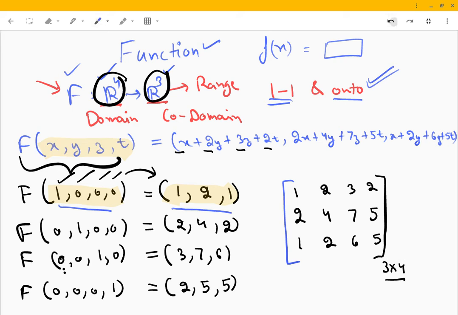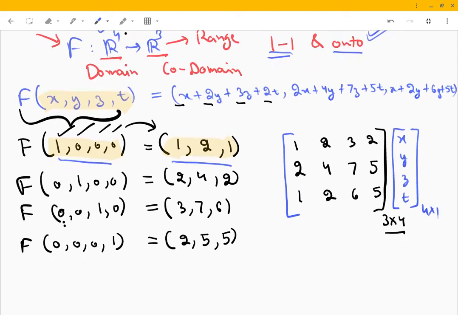Also, now I'm transforming x, y, z, and t, so this is a 4 cross 1 matrix. So what do I get if you multiply this? This row into the entire column, and we end up getting x plus 2y plus 3z plus 2t, which is nothing but this.